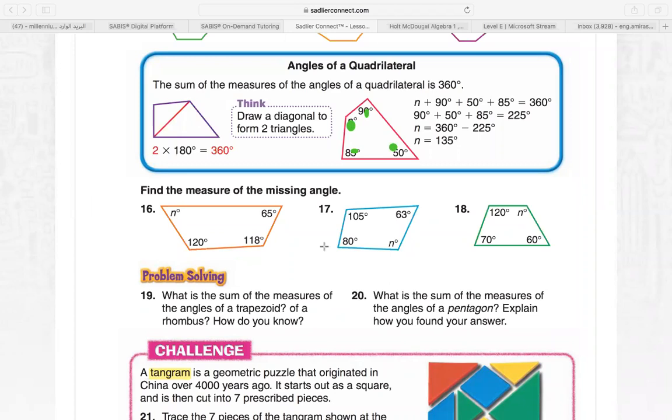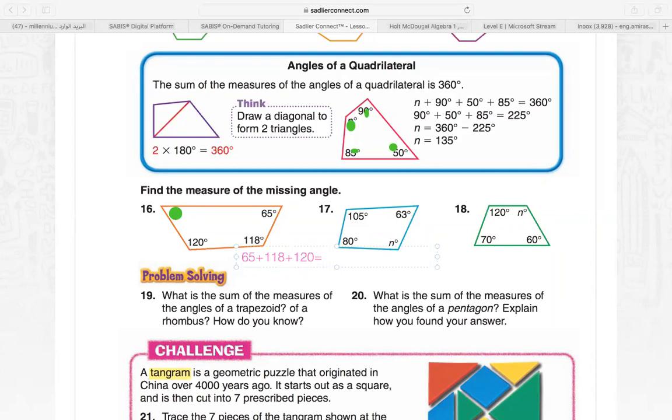What will be the kind of question you have from this one? You will be given an unknown one. How are we going to answer it? We will add 65 plus 118 plus 120 equals, I am adding all the angles together.